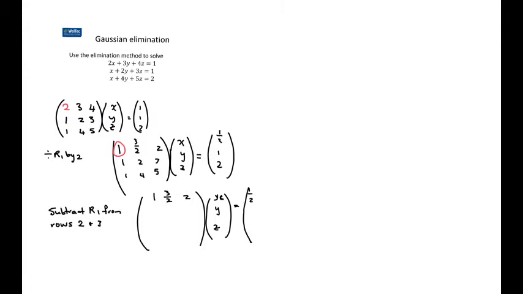We subtract row 1 from row 2 for a start, which gives us 0, 1/2, 1. Now we're going to subtract row 1 from row 3, and we do the same in the answer vector as well.